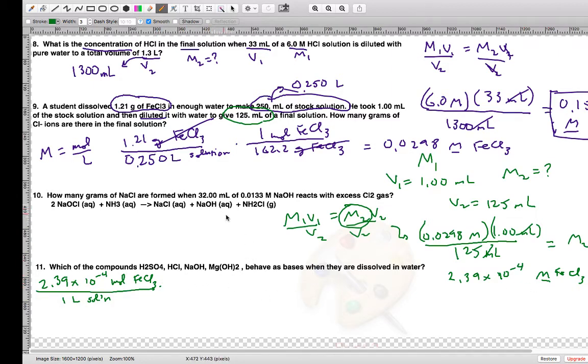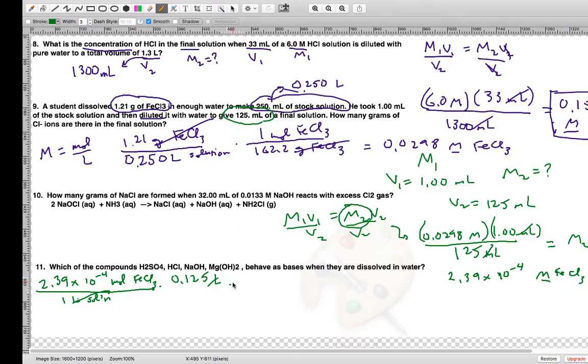Now I know how many liters I've got of this. I've got the final volume at 125 milliliters. 125 milliliters of the final solution. So that's 0.125 liters. So that's going to cancel the liters. Now we have moles. But I don't want to stop at moles. Liters are canceled. I want actually moles of chloride.